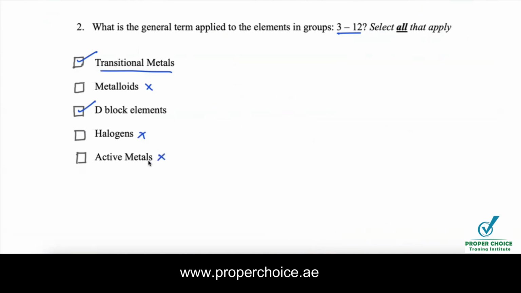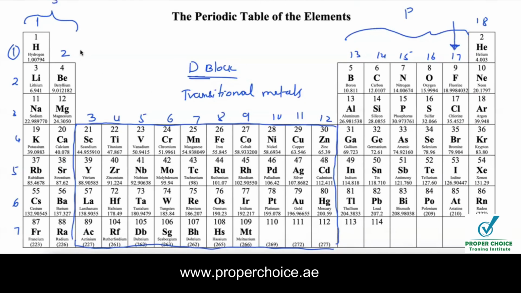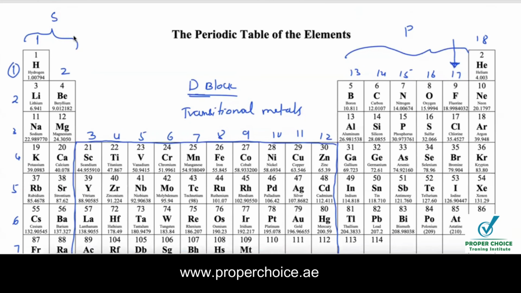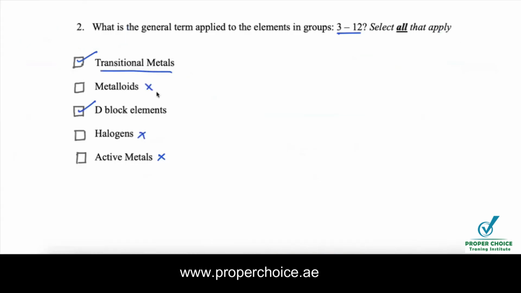That is also a wrong statement, because active metals are the first two groups, S block elements, excluding hydrogen. So the true answers for this one are the first one and the third one.